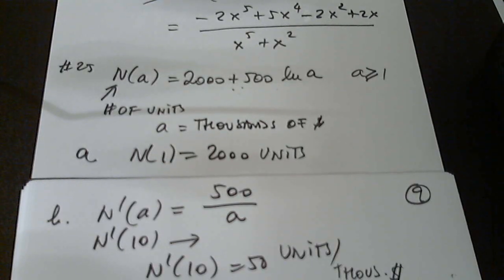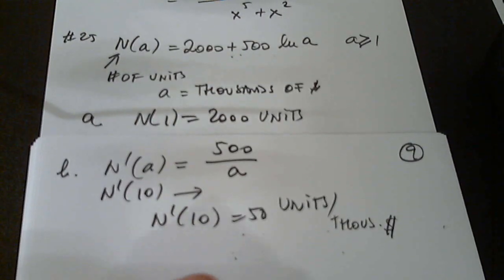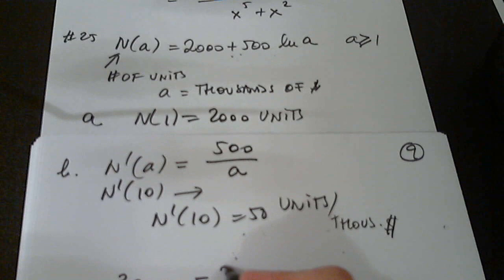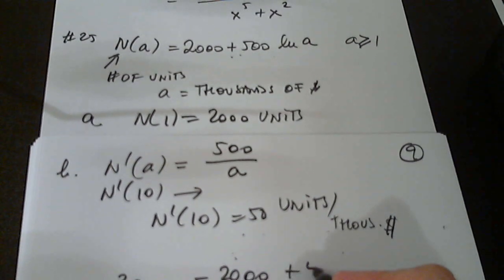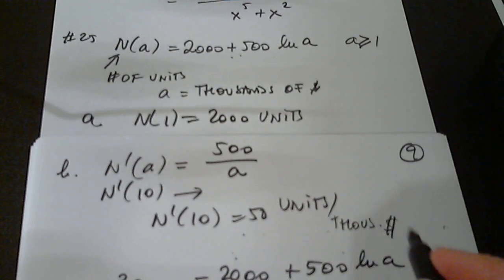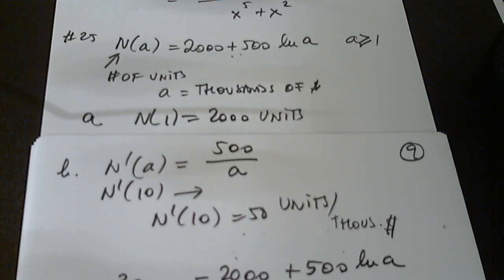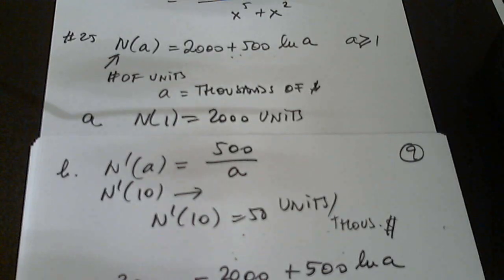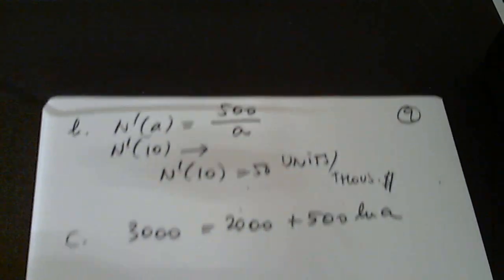How much should be spent on advertising if 3,000 units are to be sold? So now they're giving us 3,000, which is the number of units. So 3,000 equals 2,000 plus 500 natural log A. And then we are asked to find A. Okay, so we know how to solve this.